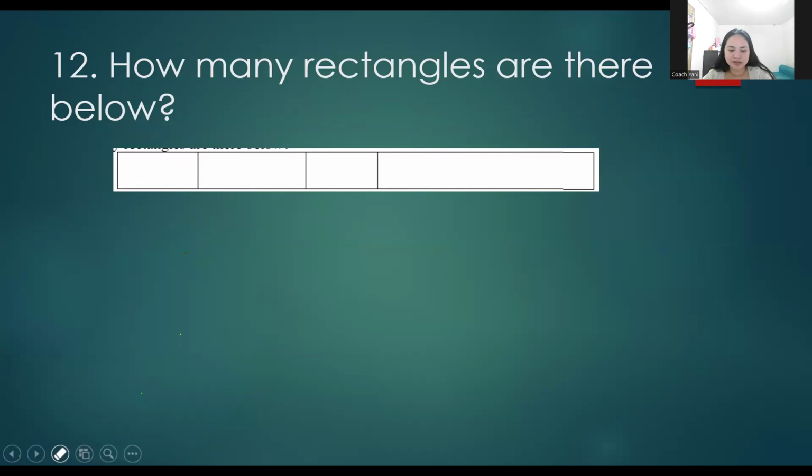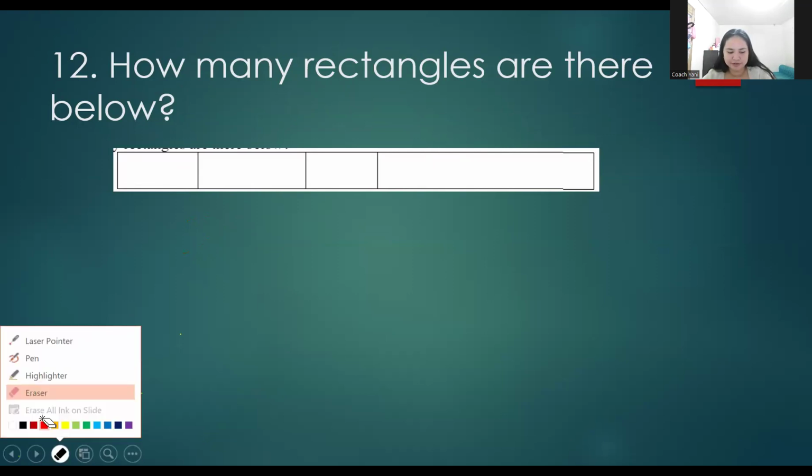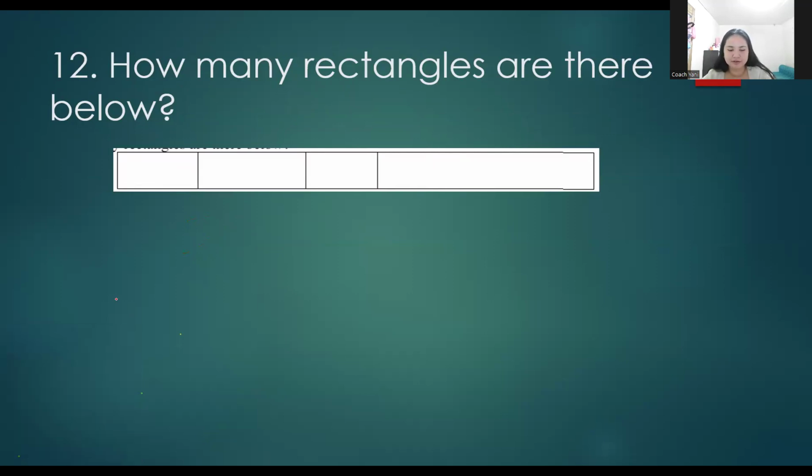How about this one? How many rectangles are there? Do you know the shortcut for this one? We can count individually, but actually there is a shortcut to this one. You have row times column.